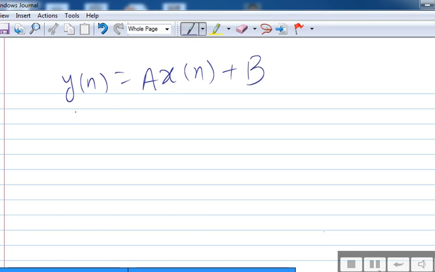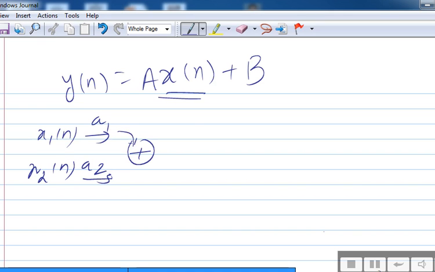So what we do, I take two other inputs x1(n) and x2(n), and we multiply by a1 and a2. Now we add, and then we get a1 x1 plus a2 x2.